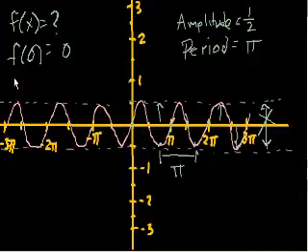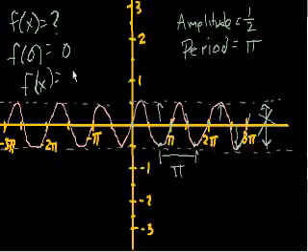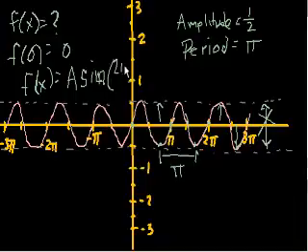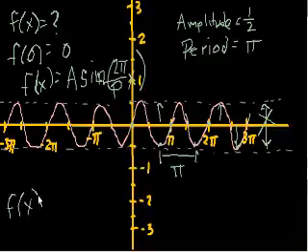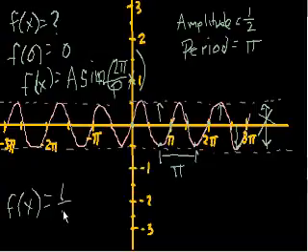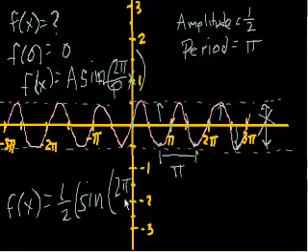So we know the formula is going to take the form f of x equals the amplitude times sine of 2 pi over the period times x. And if we substitute the numbers we just figured out, f of x is equal to 1/2 sine of 2 pi over pi x.